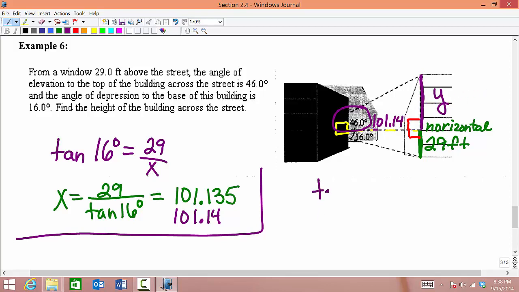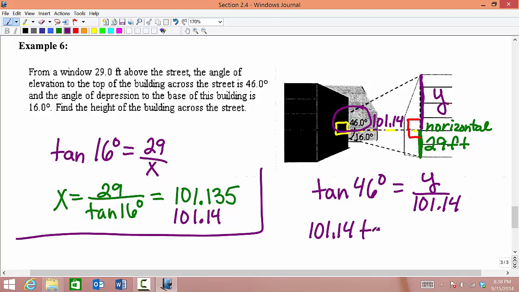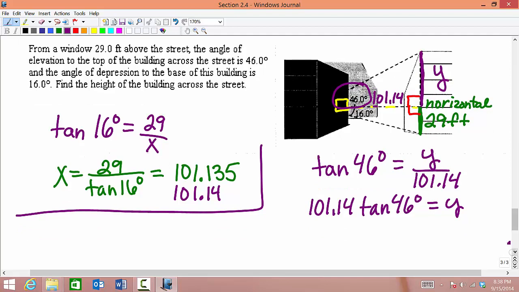So y would be opposite, so tangent of 46 degrees is equal to y, opposite, divided by adjacent, which would be 101.14. And of course we are going to multiply both sides by 101.14, and we're going to put this into our calculator and let our calculator tell us what the y value has to be.